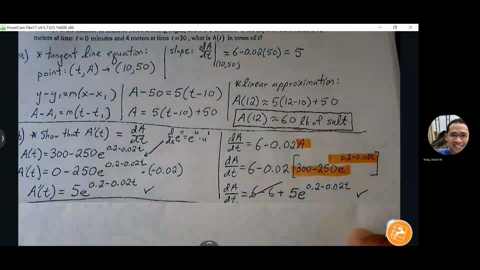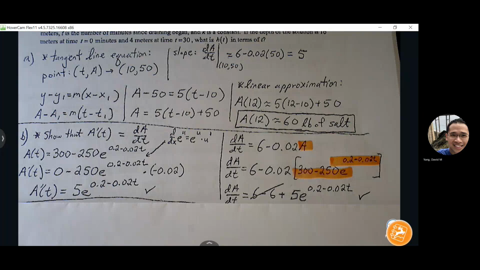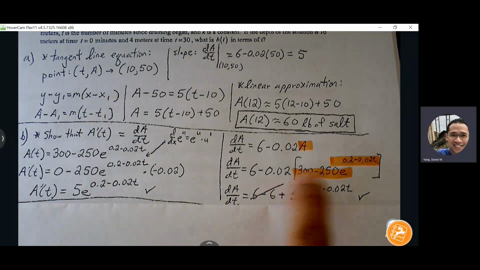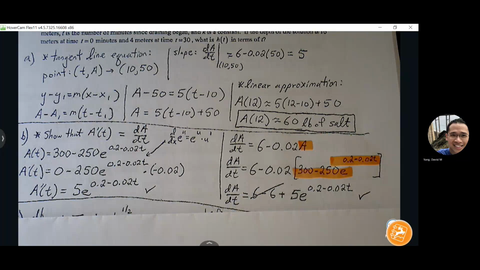If I distribute that negative 0.02 through, I get negative 0.02 times 300 is negative 6, and negative 0.02 times 250 is positive 5. The 6's cancel out, and I'm able to see that they're the same because I've proven that they're equivalent to each other.